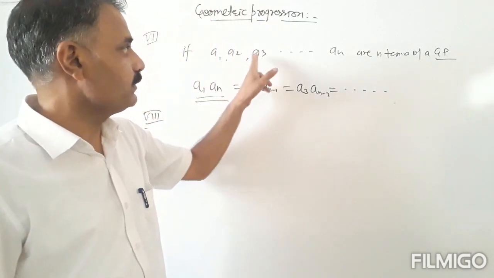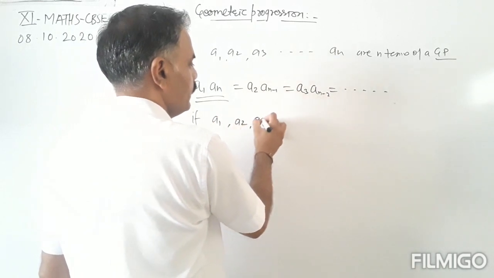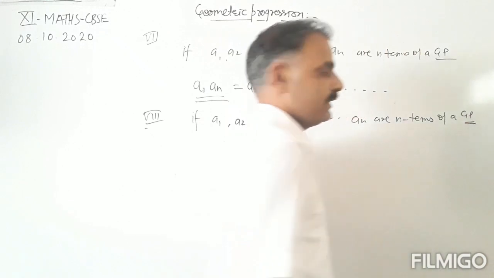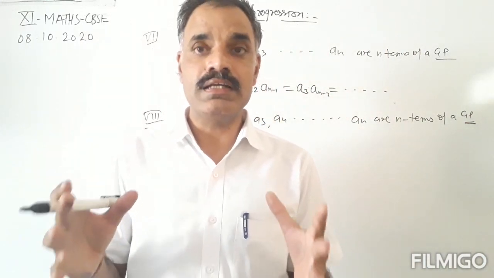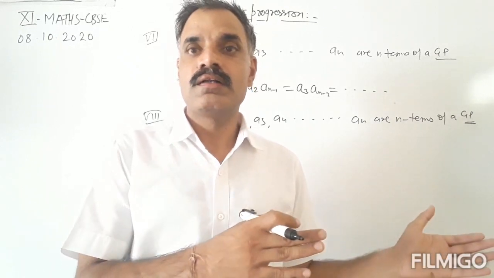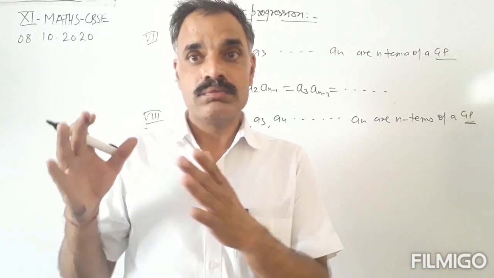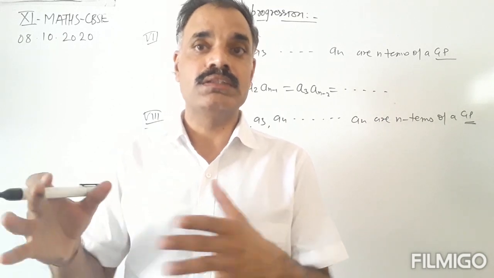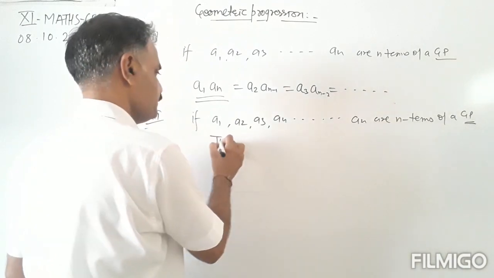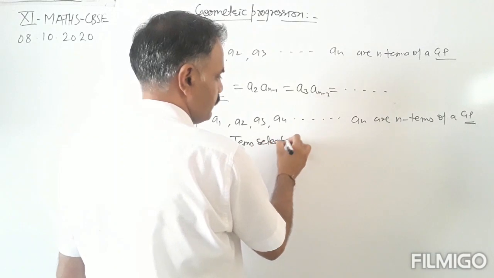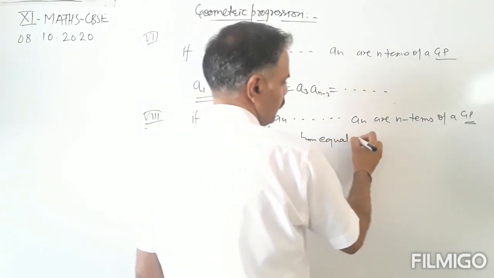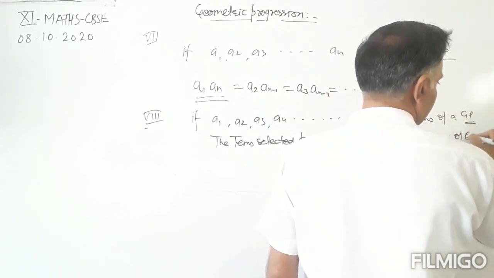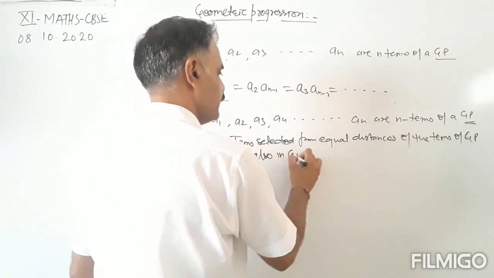Okay, it means if a1, a2, a3, a4 and so on up to an are n terms of a GP, then the terms selected at equal distances, meaning second term, fourth term, sixth term, eighth term, or first term, third term, fifth term, or first term, fourth term, then seventh term, meaning the terms at equal distances of a GP, are also in geometric progression.